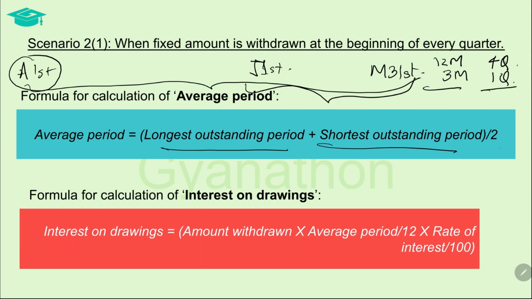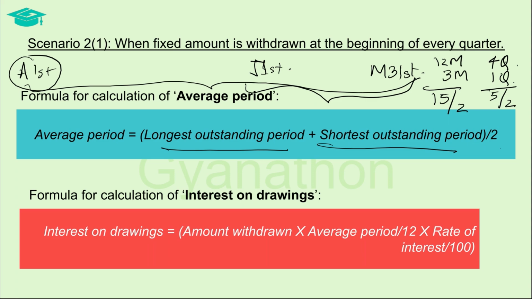So while calculating the average, we get 15 by 2 if you calculate on the basis of months, and if you calculate on the basis of quarters, it is 5 by 2. That is the average period. Now that we have established the average period, which is either 15 by 2 when we are calculating on the basis of months, or 5 by 2 when we are calculating on the basis of quarters, wherein fixed amounts have been withdrawn at the beginning of each quarter.